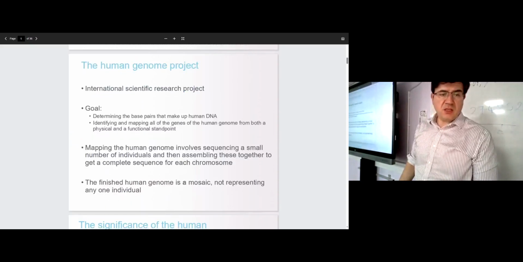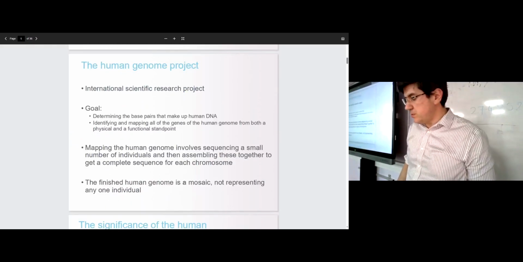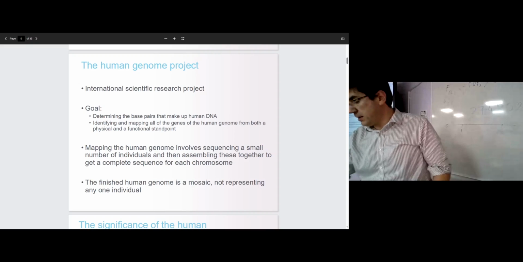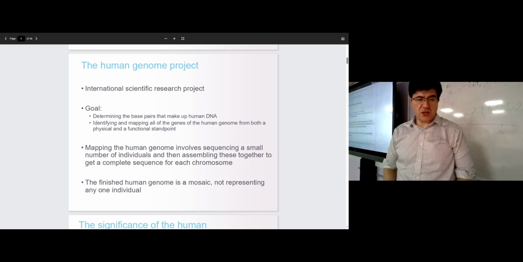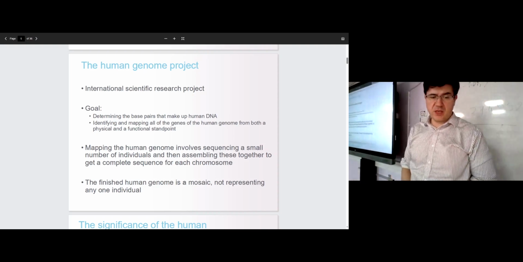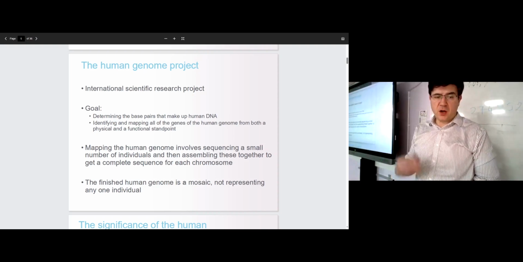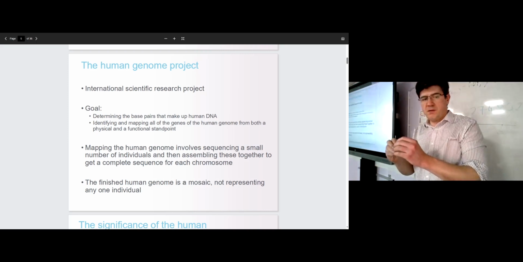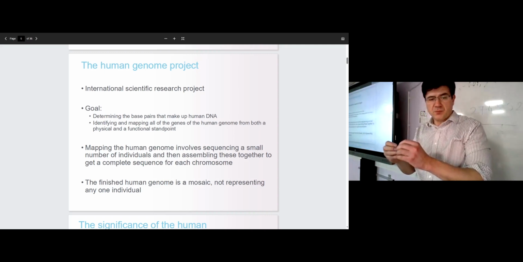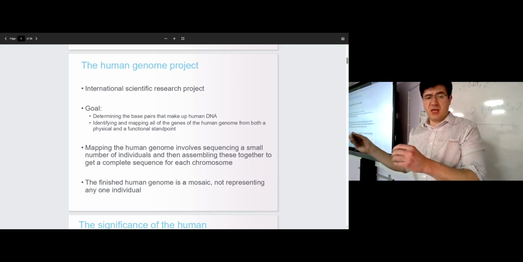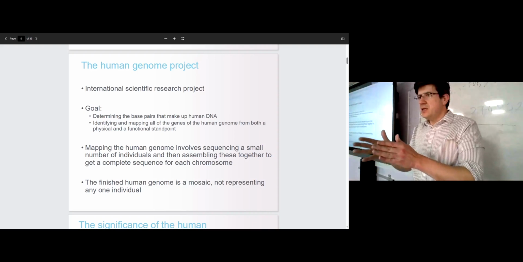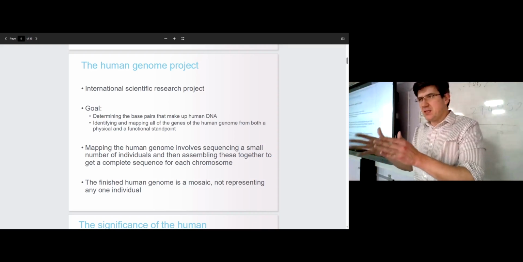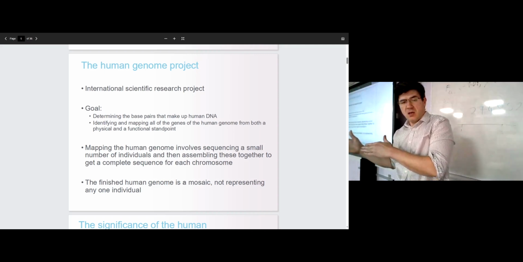The Human Genome Project was, in my opinion, one of the most important projects at the turn of the 20th century to the 21st century. The goal was to determine the sequence of nucleotides, or base pairs, that make up human DNA, so that we can then identify the physical location of each of the genes in the patient.